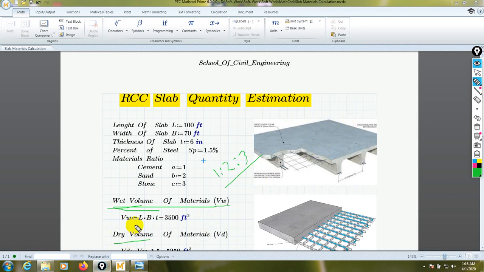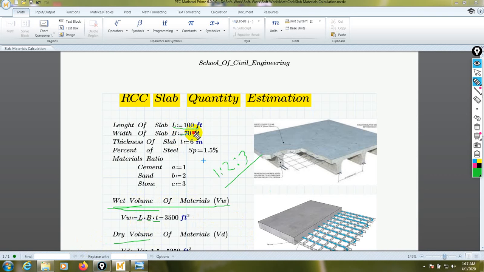That's why we always have to find the quantity in dry volume. Otherwise, when you buy your materials, it will be short.